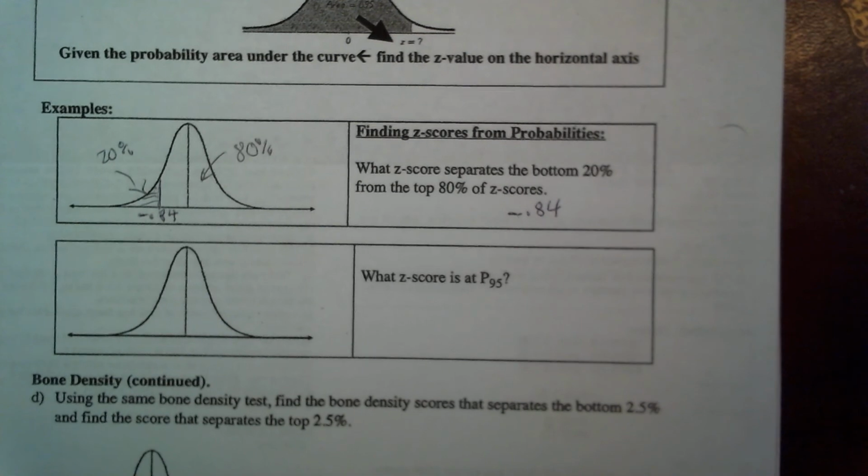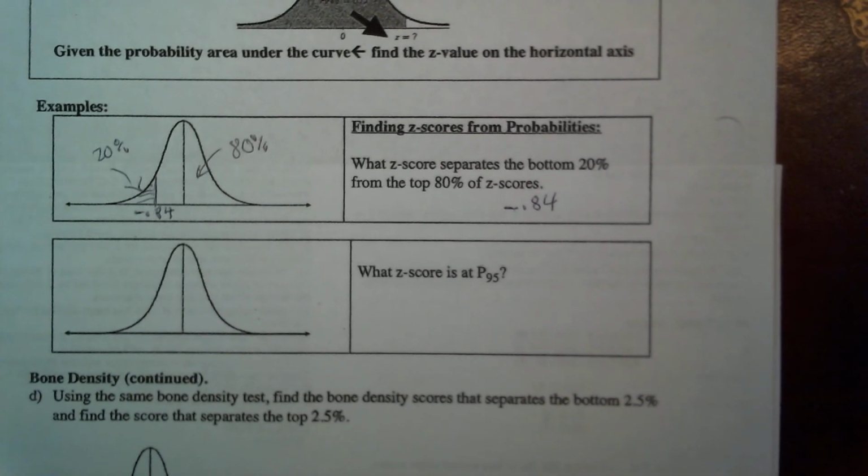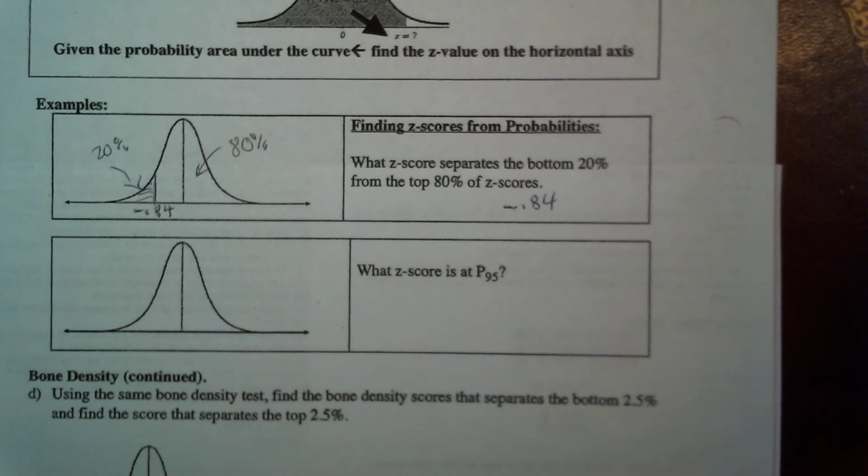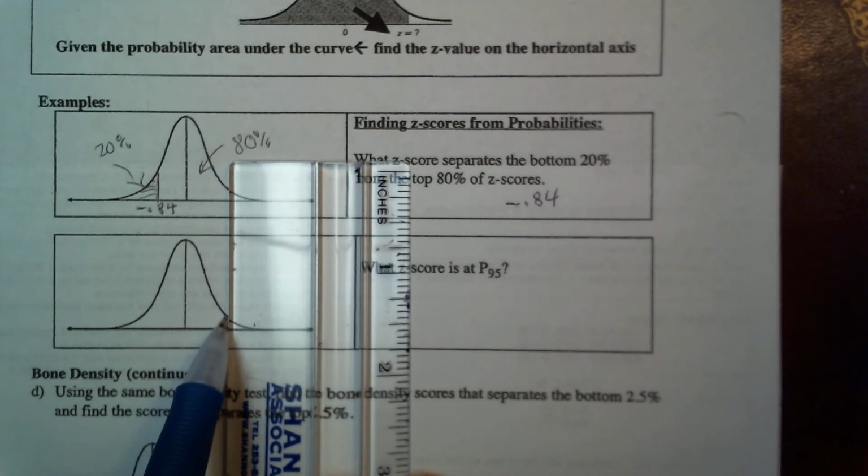Similarly, what is the z-score at P95, the 95th percentile? Well, it's the same thing. We look for the area under the curve that is 95%. In other words, we want this area here to the left to be 95%.